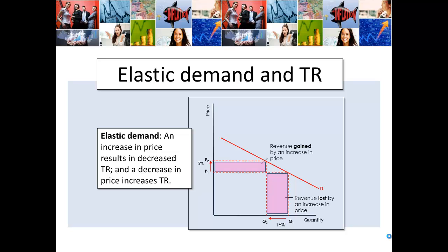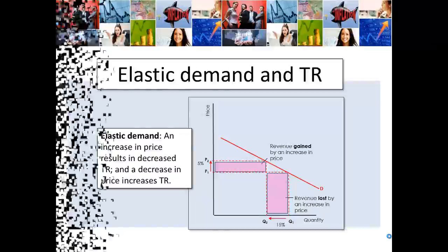So a price increase with an elastic demand curve is a bad idea if a firm is concerned about total revenues. The revenue gained by an increase in price is smaller than the revenue lost if the demand curve is elastic, relatively flat.